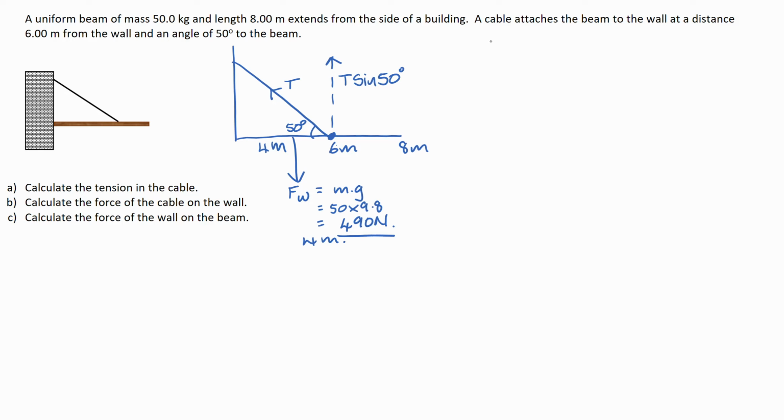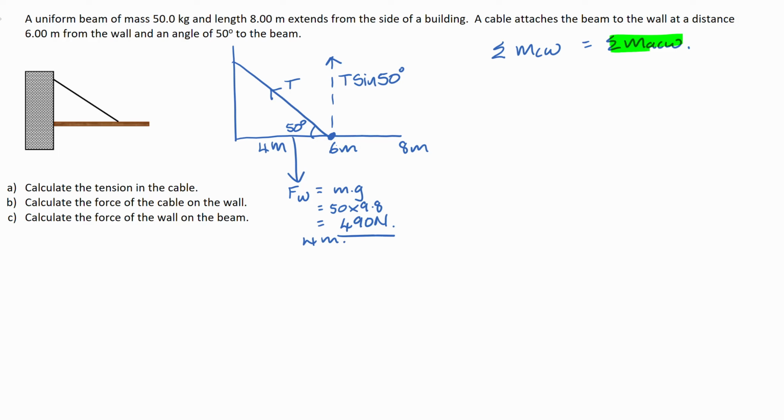We then can write our first condition for equilibrium, which is that the sum of moments clockwise is equal to the sum of moments anti-clockwise. So which is which? Let me just color code this.